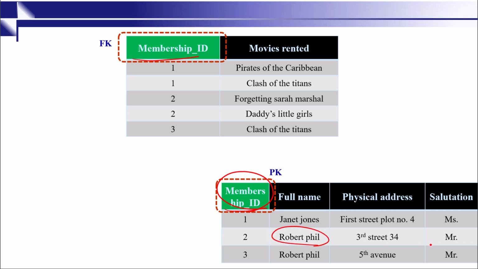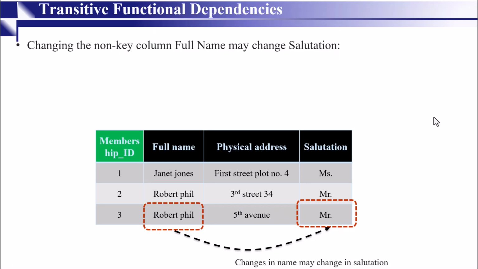So here we have a problem with repetition, as we are repeating the salutation. Now we spot a transitive dependency in the member table. Changing the full name here might affect the salutation. For example, updating a name could require updating Mr. or Mrs. as well.